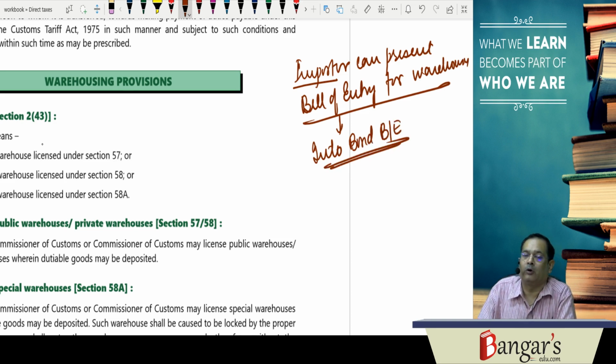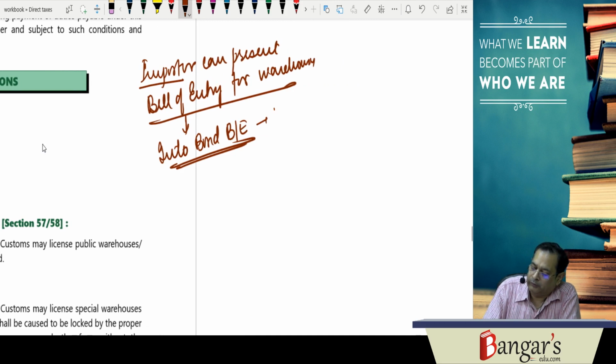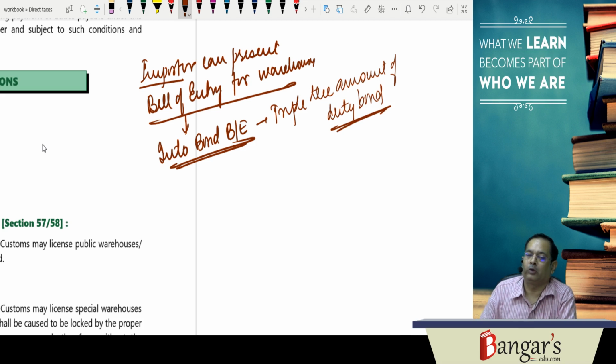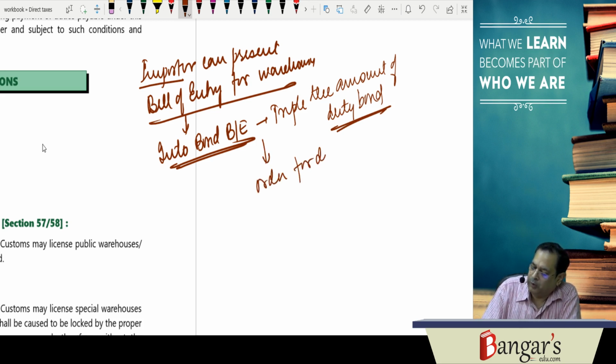Why is it an into-bond bill of entry? Because we have to execute a bond for triple the amount of duty. And when you execute this triple duty bond, you get an order for deposit of goods in the customs warehouse.